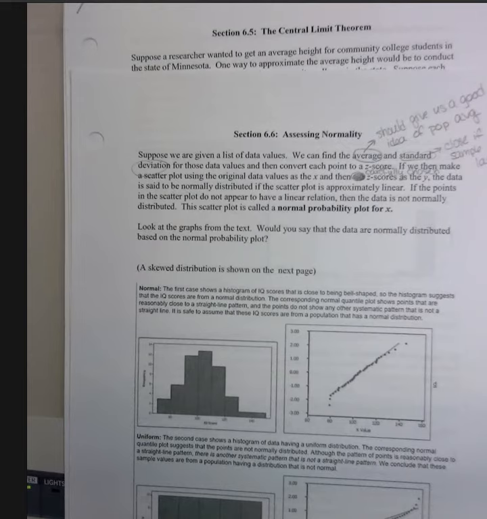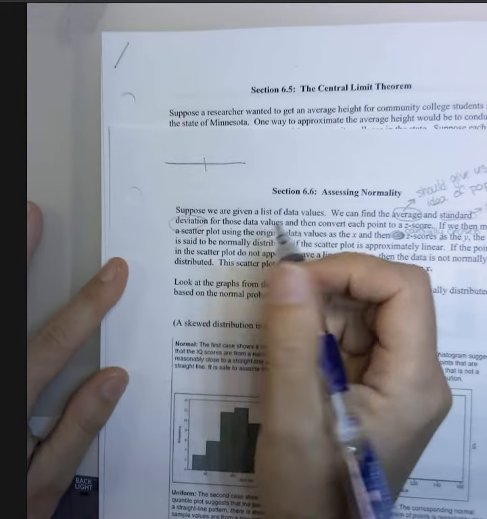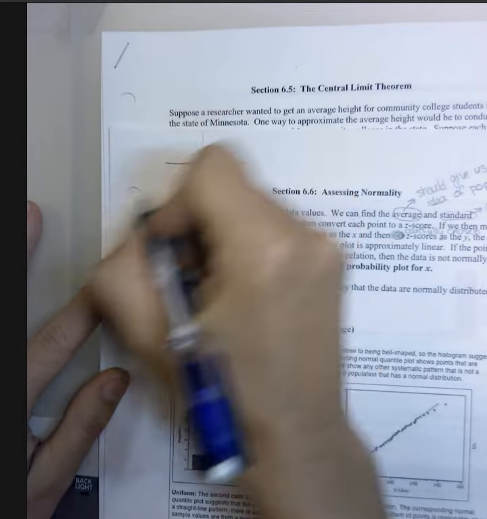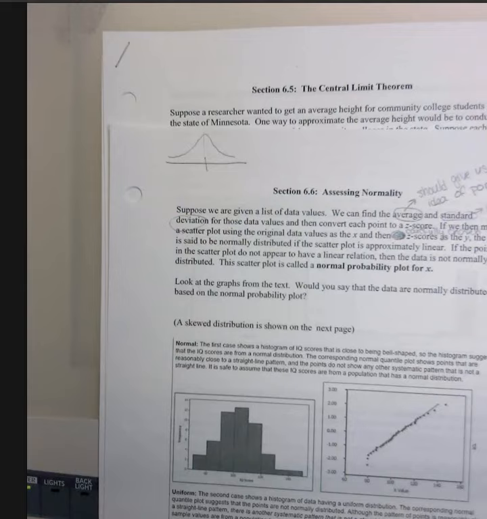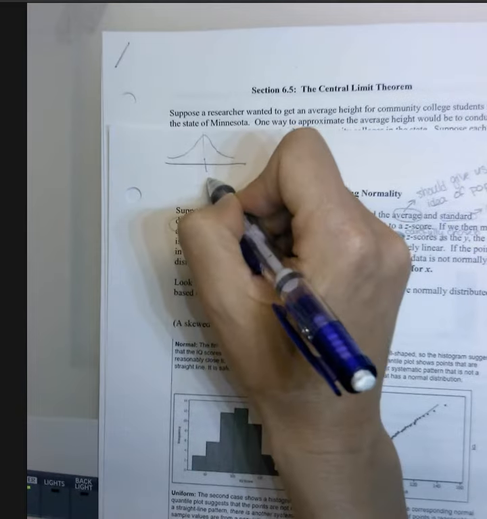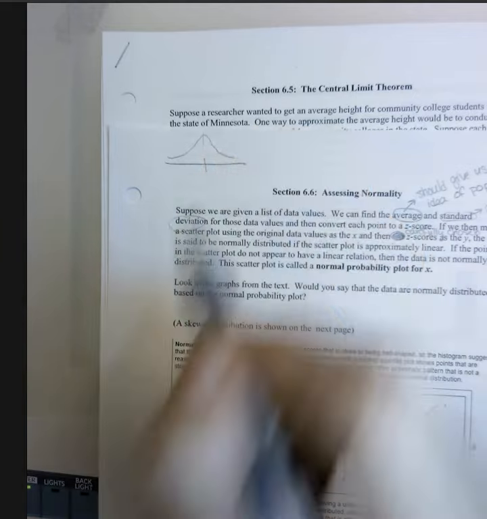What they'll do is take your x values, put them on the x-axis, and divide it up into twice as many pieces. So if I have one data value, I separate it into two pieces, the left side and the right side. If that's the normal distribution, then that value should be right in the middle, and half of the area should be to the left and the other half to the right.